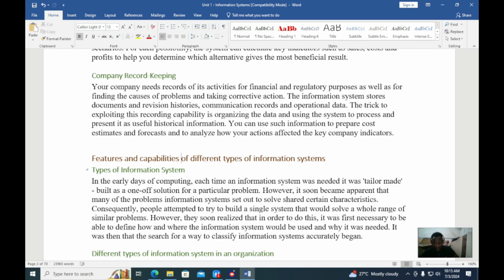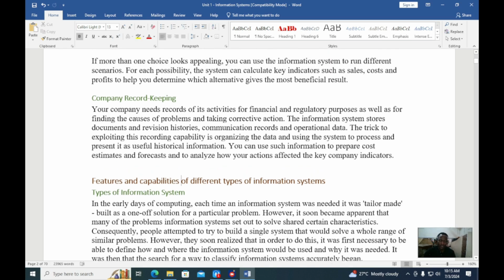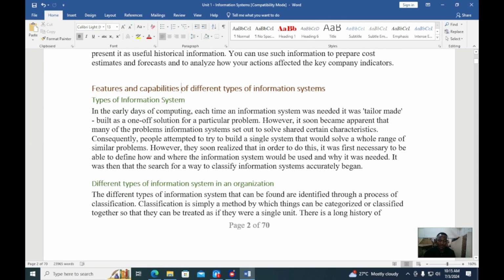So you can use this particular information system to prepare things like cost estimation, to forecast maybe sales in the future, and also to analyze your actions, looking at how they have affected the key indicators of your company. So those are the importances of information systems.